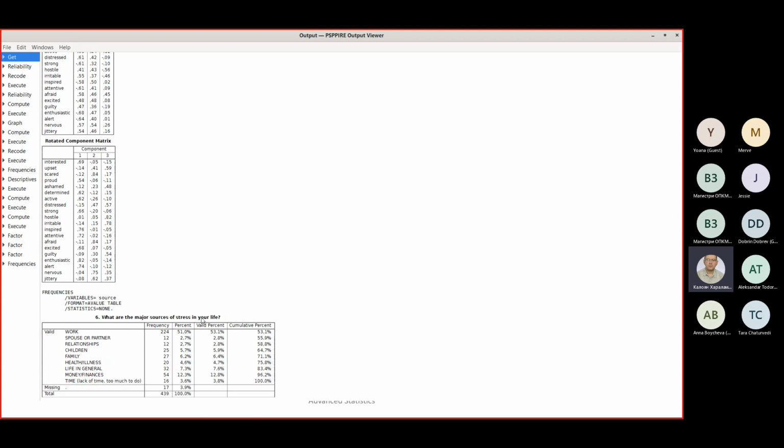After that, we have two columns with percent and valid percent. Difference between is due to missing. Here you can see that 17 persons are missing.